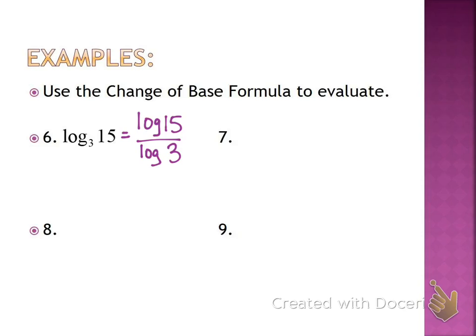What are you using to do the rest of this problem? A calculator. Grab your calculator. Type in log 15. Remember to close your parentheses. Divided by log 3, equals. We get 2.4650. Beautiful.